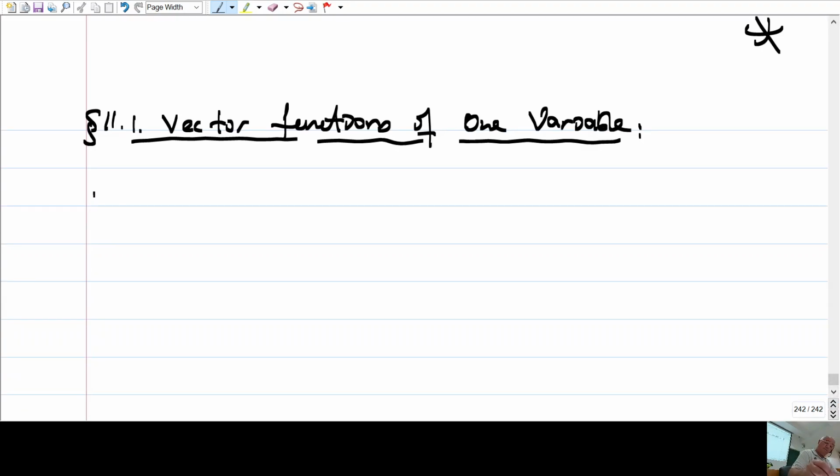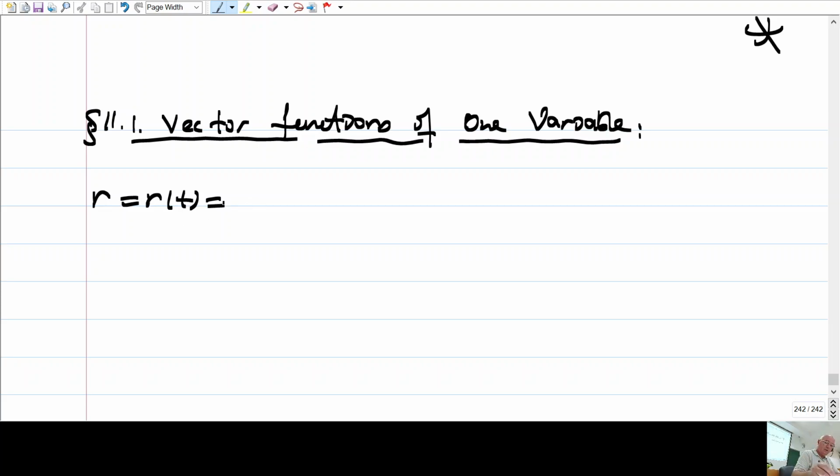A vector function of one variable is something like this. There's only one variable. Since we reserve x, y, z for the space components and we are talking about vector functions, x, y, z will be the components of the vector function. Therefore, as the variable, we prefer to use something different than x, y, z.